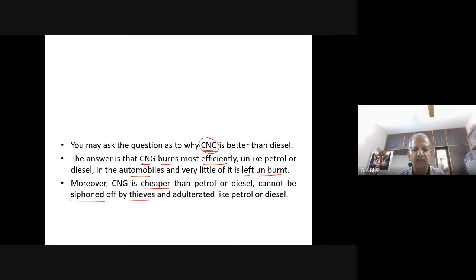Nobody can steal it. If vehicles are left on the roadside, thieves may steal petrol or diesel, or even the stealing takes place in the petrol bunks themselves. Am I right, Rakesh? How do they steal in the petrol bunk? You know at Bangalore better. How do they steal at a petrol bunk?